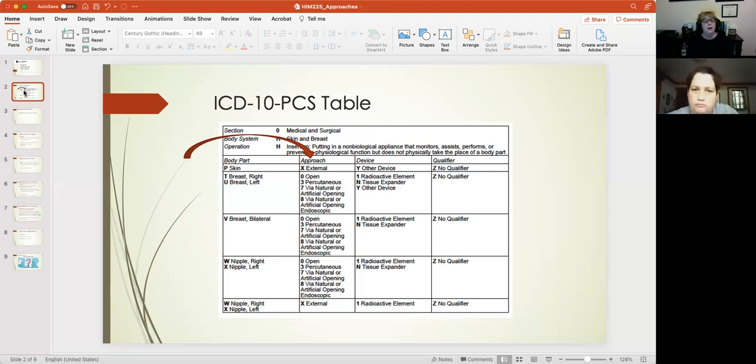Okay, and then the 7th character is the qualifier, which is kind of the miscellaneous category where they can throw in any particular details that are necessary for the complete picture that this 7-character code is going to paint.